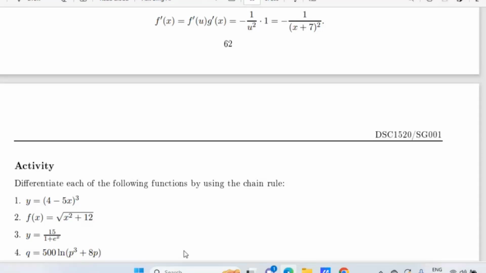And what is your answer? My answer is open bracket 3p squared plus 8 close bracket, 500 over p cubed plus 8p.